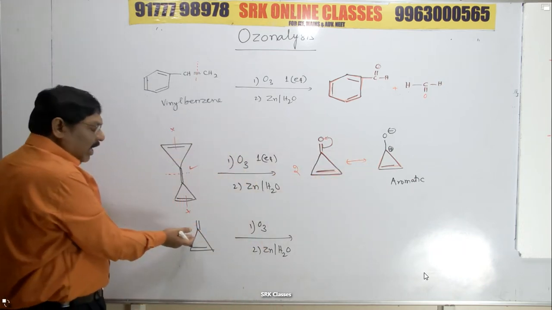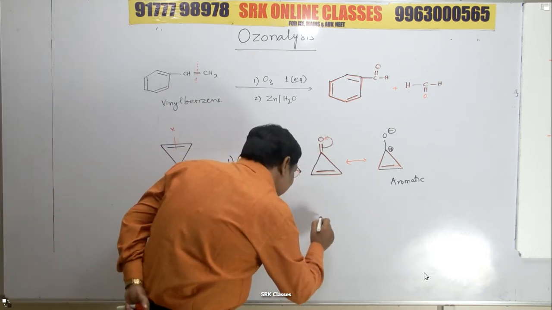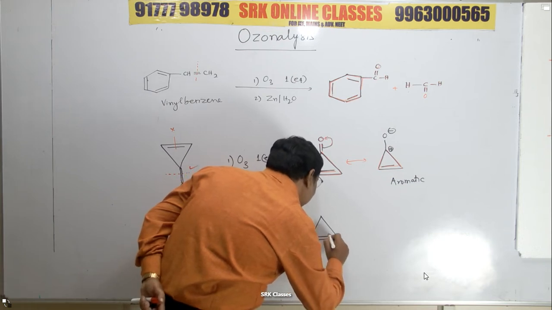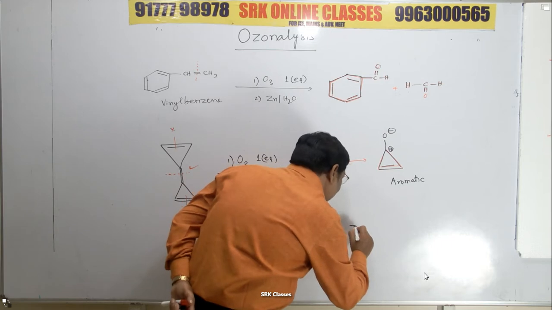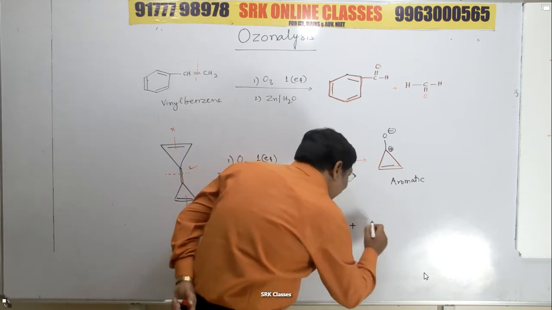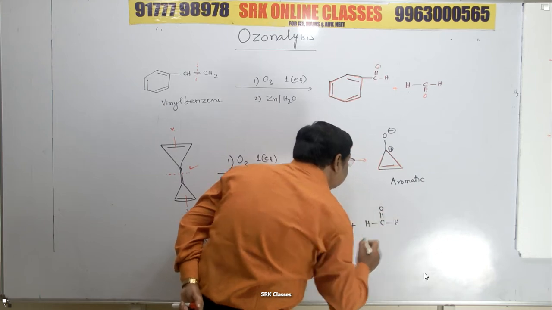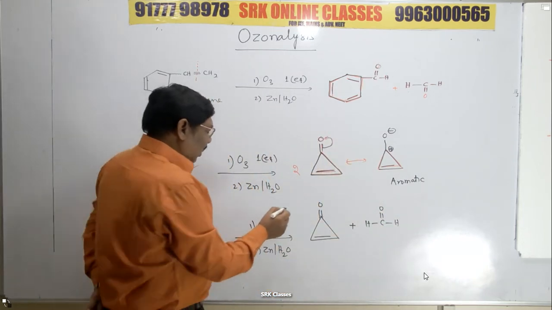In a similar manner, here also the same thing. What will you get here? That inside double bond will be as it is, and here you will get C double bond O plus the carbon that is there will be converted to formaldehyde. Look carefully, both are stable compounds.